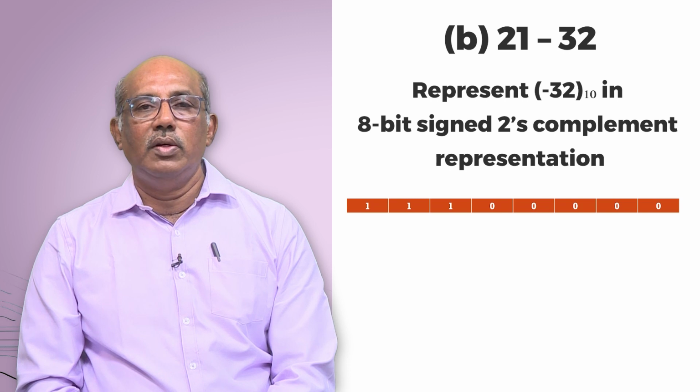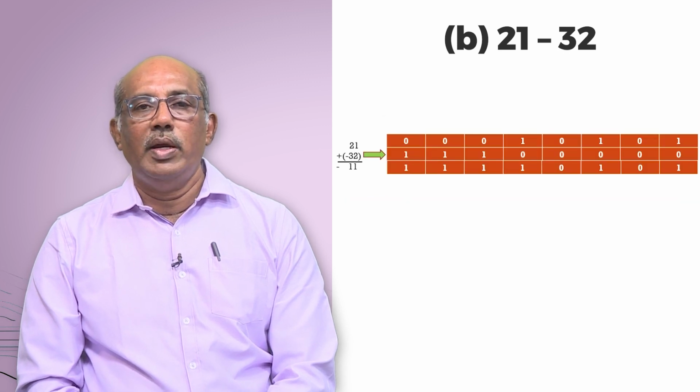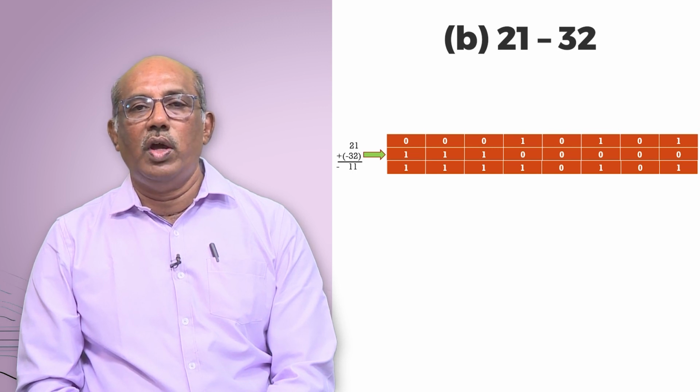So, we complement 0, we got 1, again we complemented 0, we got 1. Therefore, minus 32 in 8-bit sign 2's complement representation is 1, 1, 1 followed by 0, 0, 0, 0, 0. Now, we add this 2's complement of minus 32 with 21 and you get the answer as 1, 1, 1, 1, 0, 1, 0, 1.